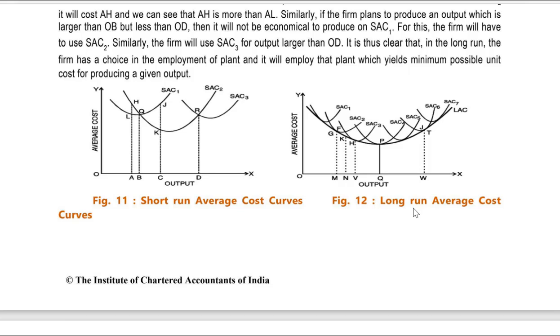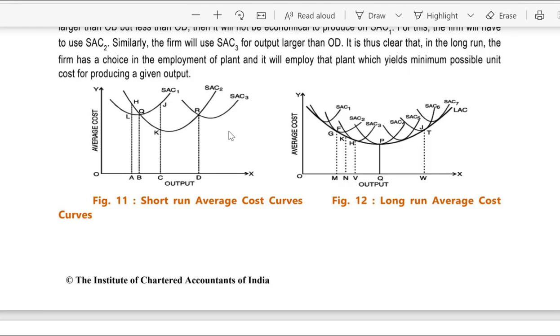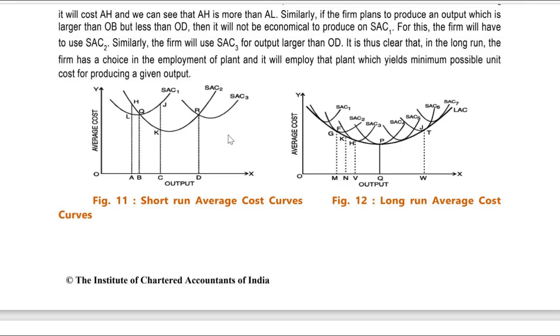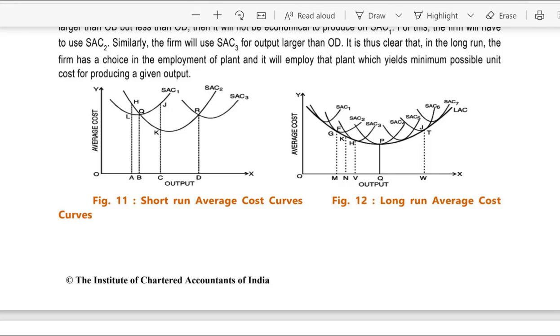See this diagram. This is short run average cost, and LAC is tangent. It is tangent to all the short run average costs. I believe you got the concept now. I believe you are clear. Let us move ahead now.